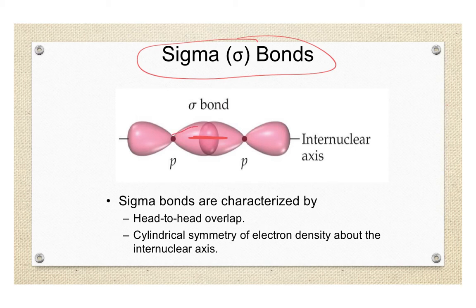So a p orbital overlapping with a p orbital, or the head of an sp orbital overlapping with the head of an s orbital. It's head-to-head, and it basically ends up with a bond that's formed in a linear manner straight down the nuclear axis between the 2 atoms that are involved. Those are sigma bonds, head-to-head overlap.